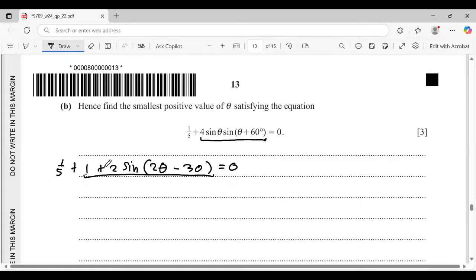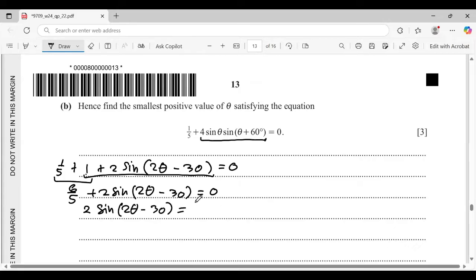Okay, let's continue. If 1/5 plus 1 is 6 over 5, plus 2 sine 2 theta minus 30 equals 0. After that, this becomes 2 sine 2 theta minus 30 equals minus 6 over 5.